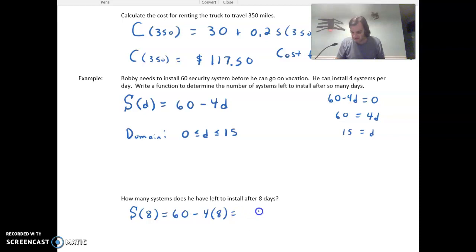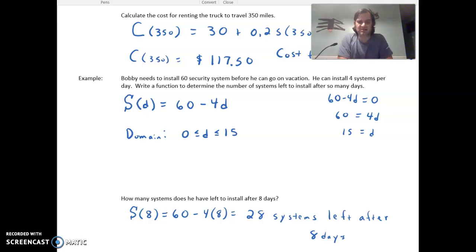I think I know what that is. Yeah, it's 28. So basically that's 28 security systems left after 8 days.